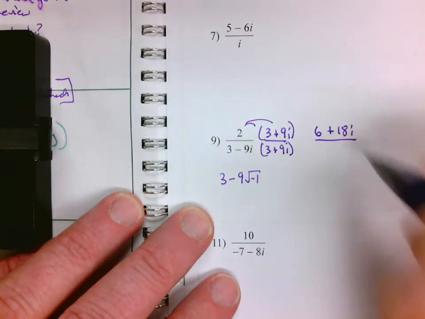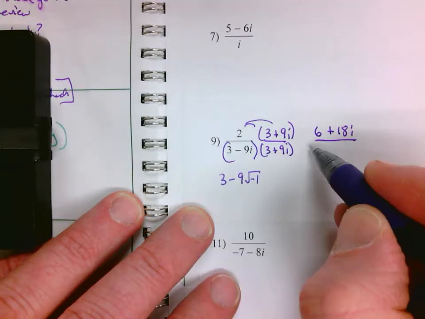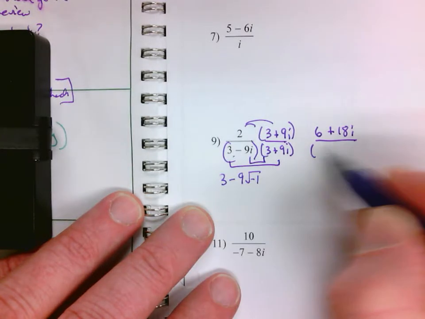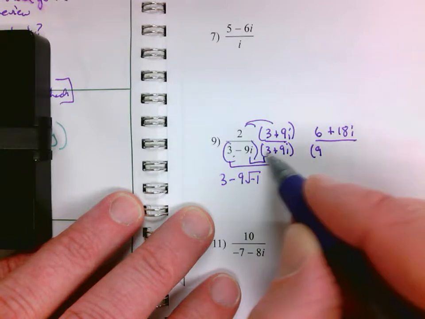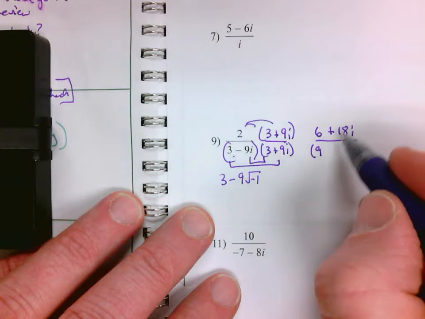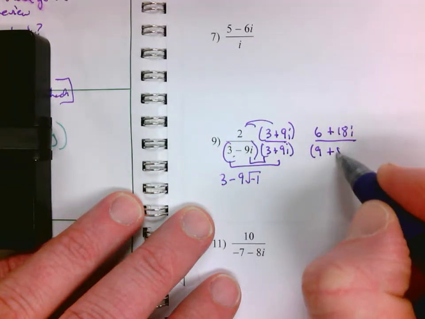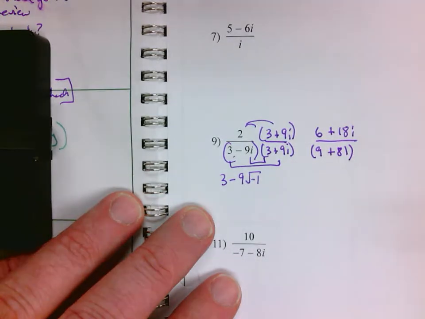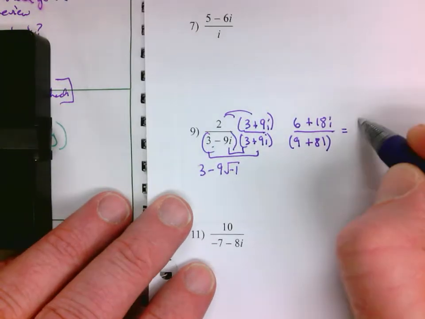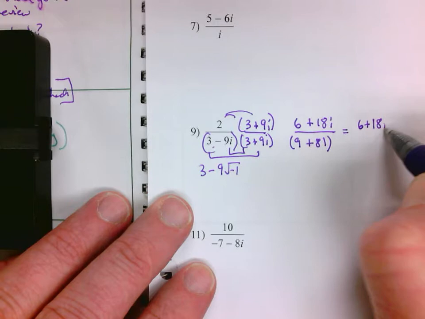And down here, we multiplied by the conjugate so that we don't have to worry about the middle term. We just multiply the 9. 3 times 3 is 9. Minus 81i squared, which is the same as plus 81. Just keep simplifying. 6 plus 18i over 90. Now be careful.